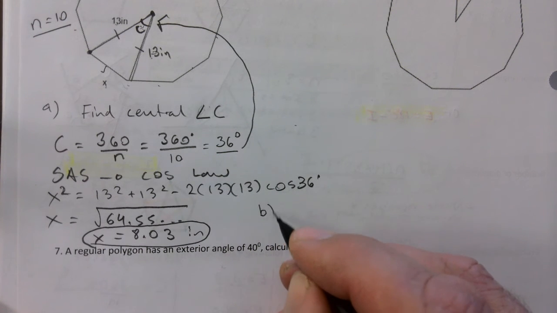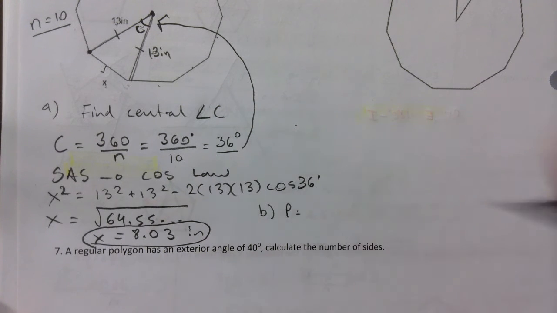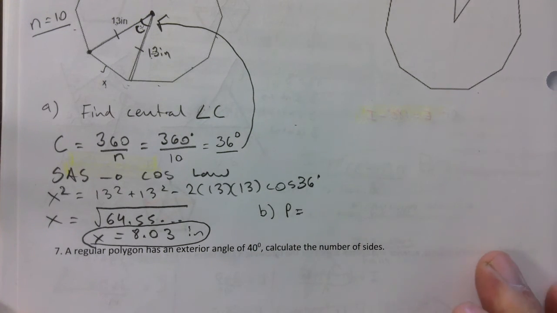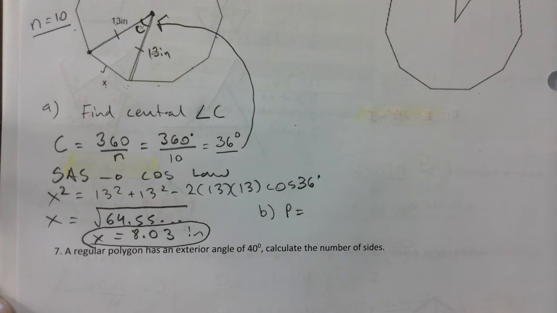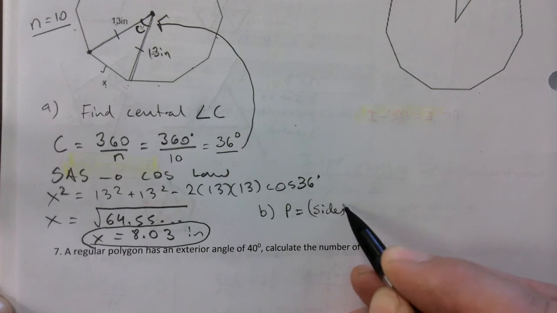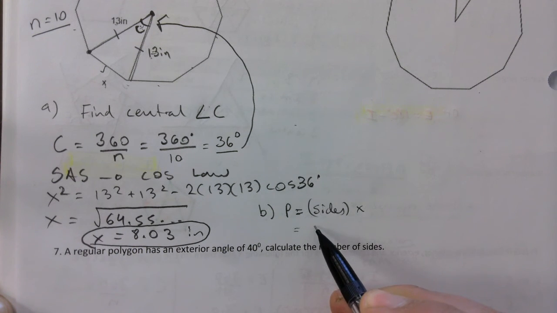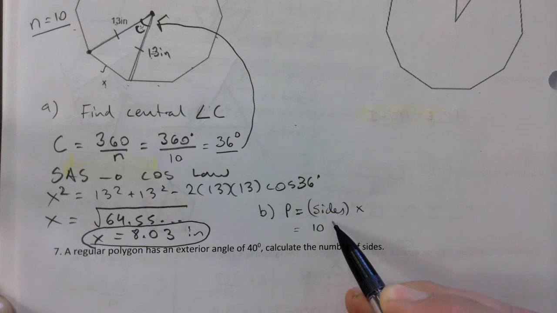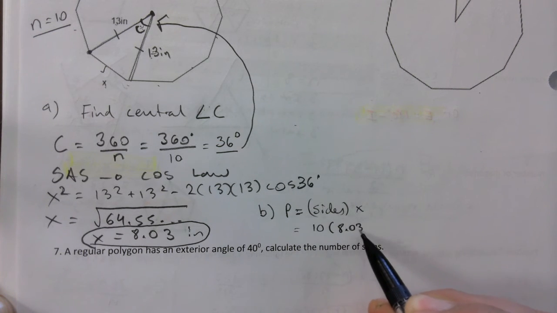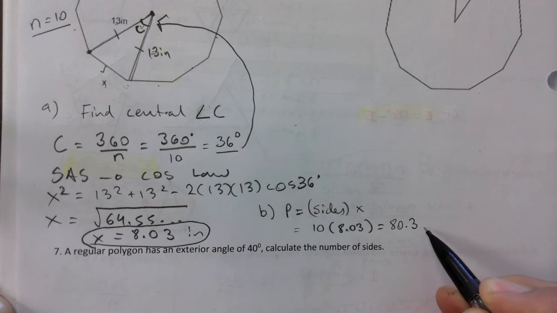How would I find a perimeter? Any ideas? The perimeter is the distance around, Quentin? Times 10, right? So sides times x, right? So we have in this case 10 sides, and we're going to multiply by 8.03, and that's 80.3 inches.